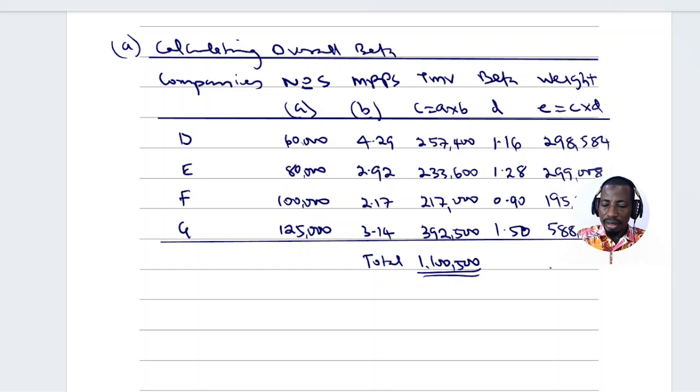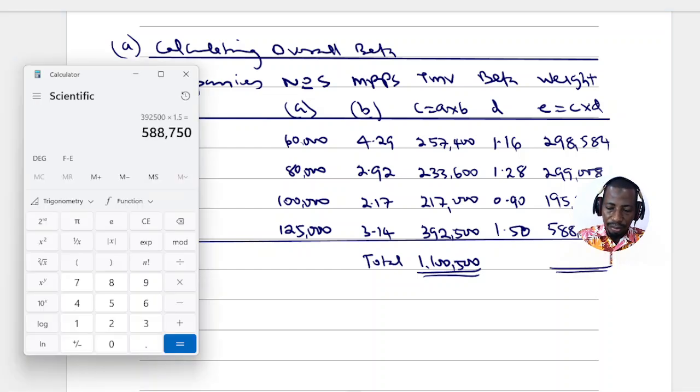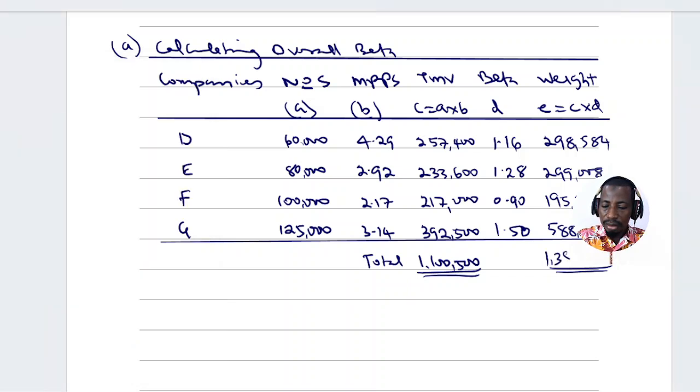Let's add it up. 588,750 plus 195,300 plus 299,008 plus 298,584 equal 1,381,642.